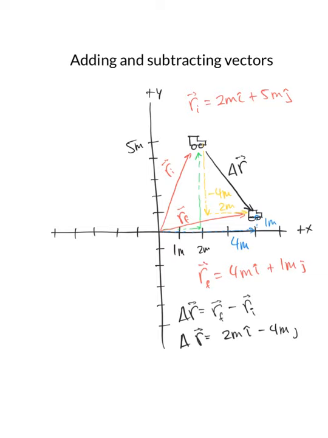That is called the graphical method of subtracting two vectors. You physically draw each of the vectors, and then you find the vector that points from your initial vector to your final vector.